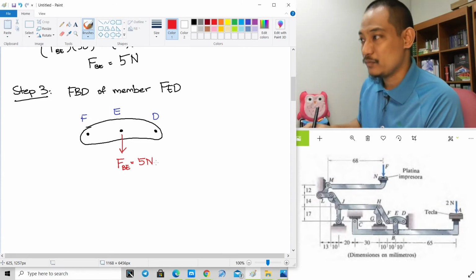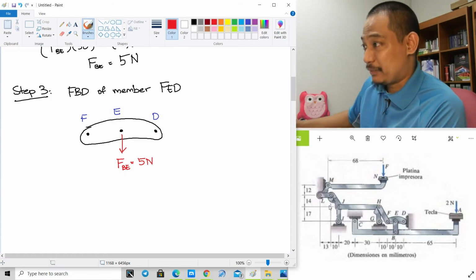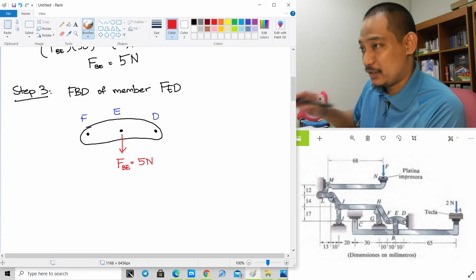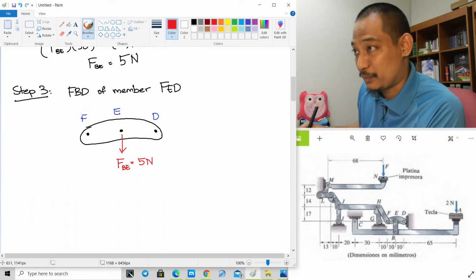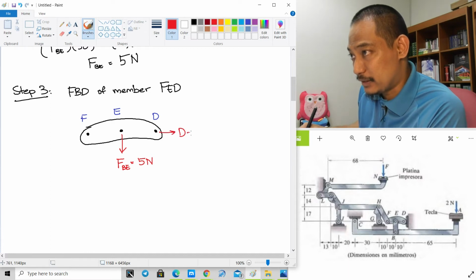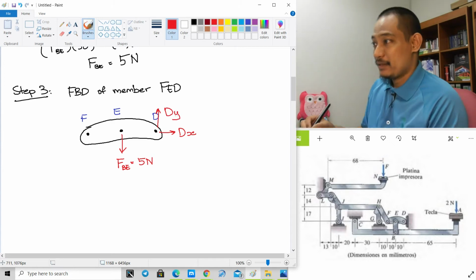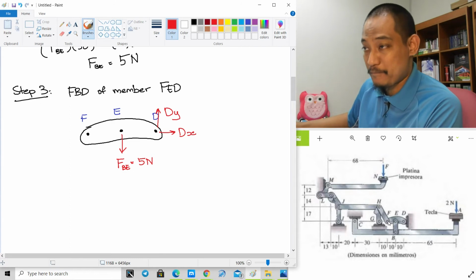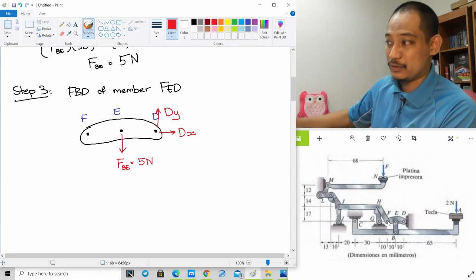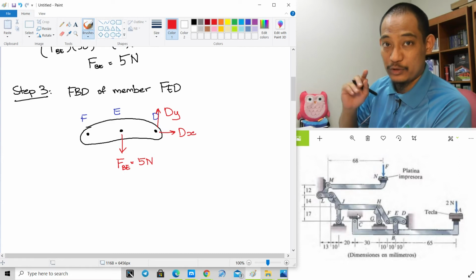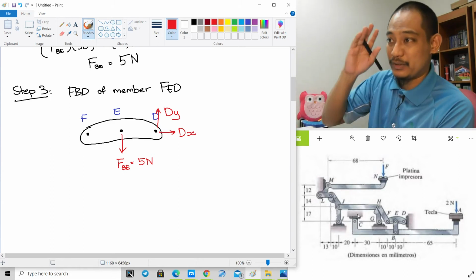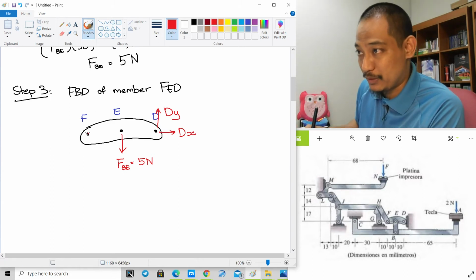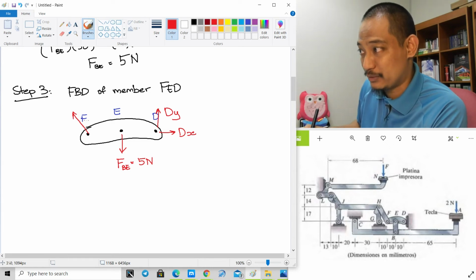And then at point D here, it is a pin, so we have X and Y components. I'll label this Dx and this Dy. And at point F, because we have understood that HF is a 2 force member, the force will be along that line, so we'll label it FHF.